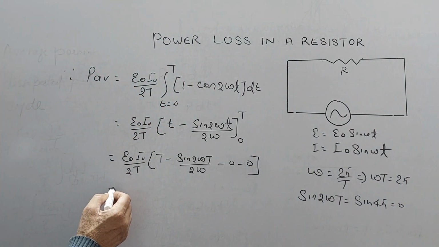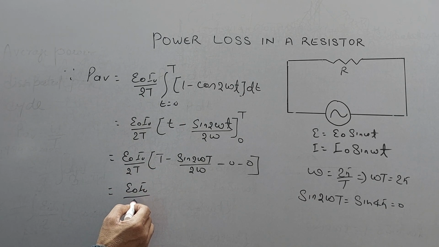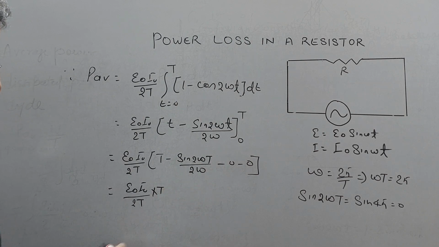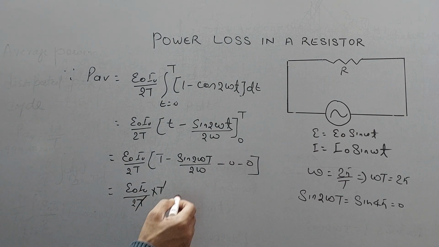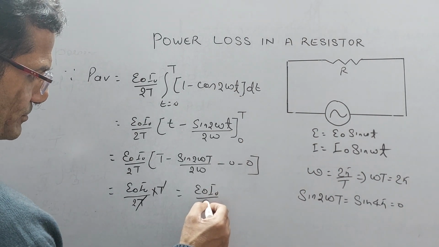Therefore this term becomes 0, and after cancelling, I have the value E naught I naught divided by 2.